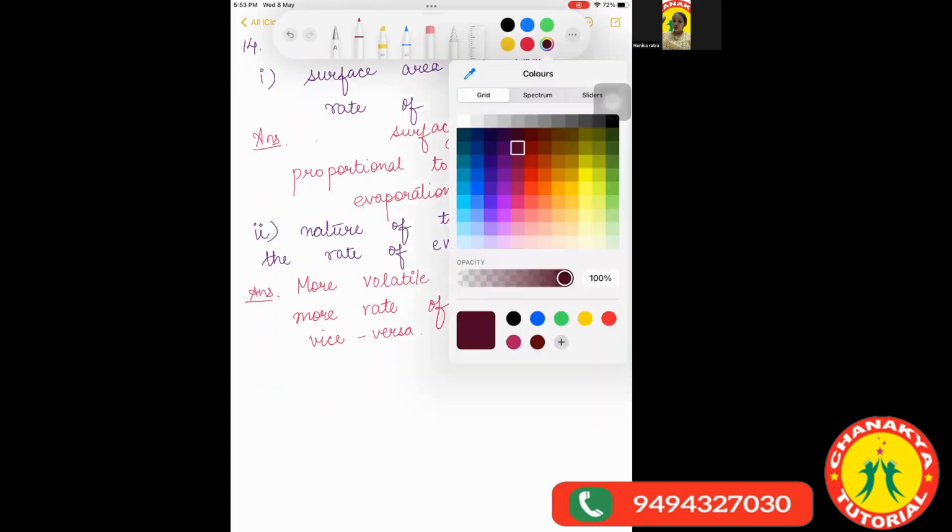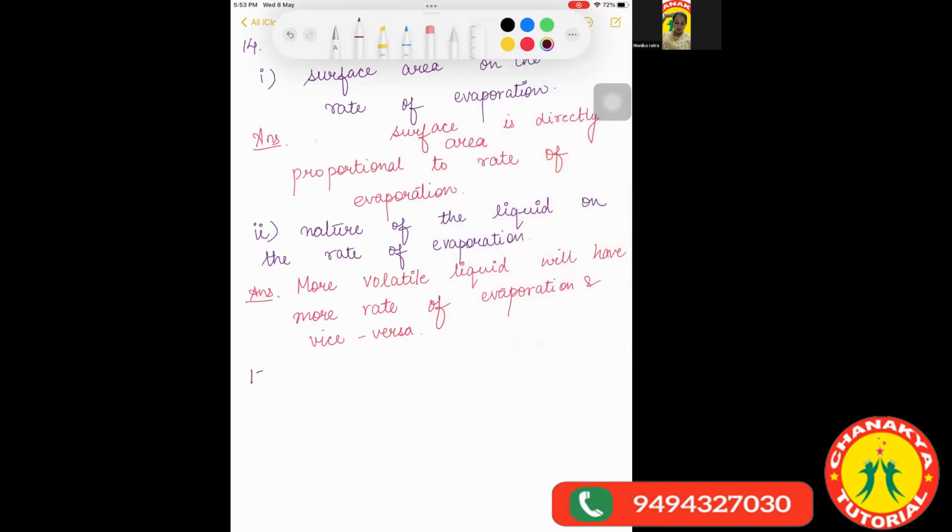Last question for today. Define fusion. Who will tell me what is fusion? Ma'am, fusion is the transformation of solid into liquid. Very good.